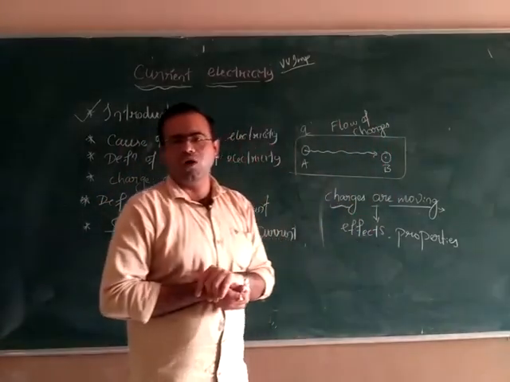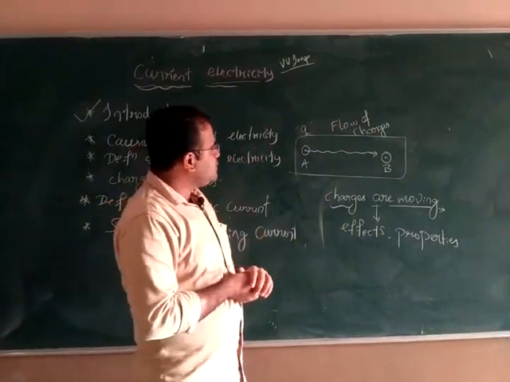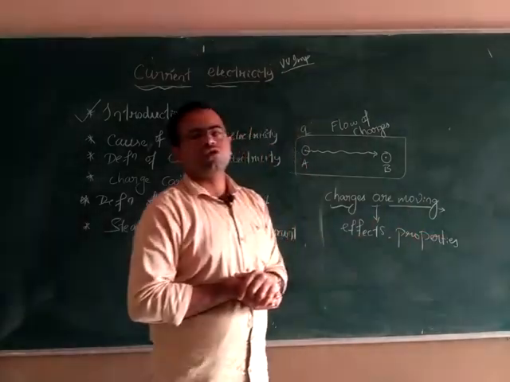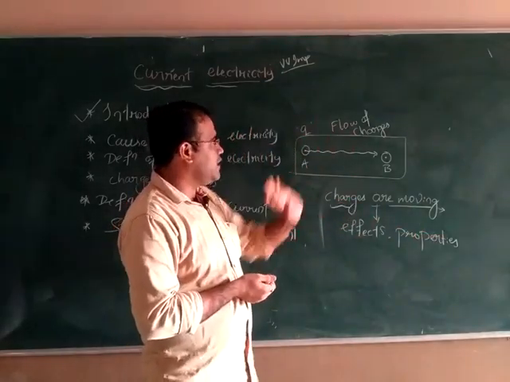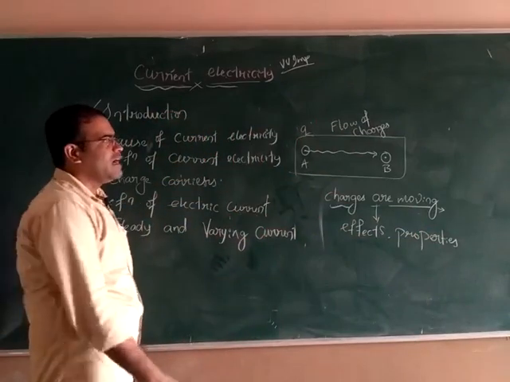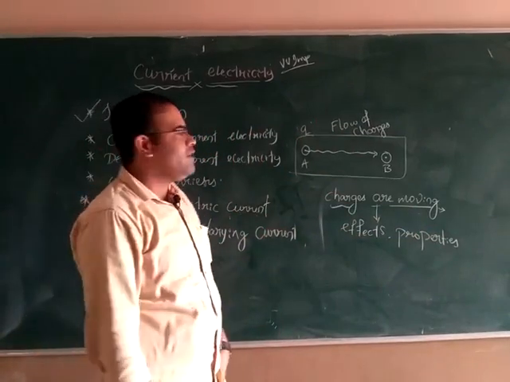Whenever you observe a flow of charges, what are the effects and properties you are going to discuss, that we consider in the chapter called current electricity. So very important factor.